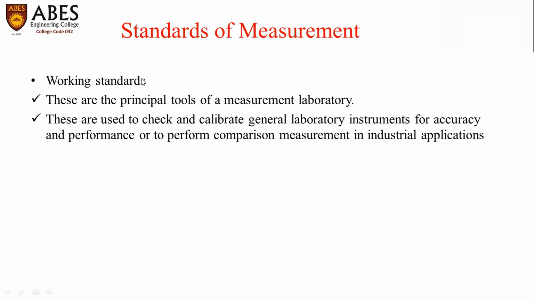Next comes working standards. These are the principal tools of the measurement laboratory. These are the principal tools which are used in any lab, and these are used to check and calibrate general laboratory instruments for accuracy and performance, or to perform comparison measurements in industrial applications.